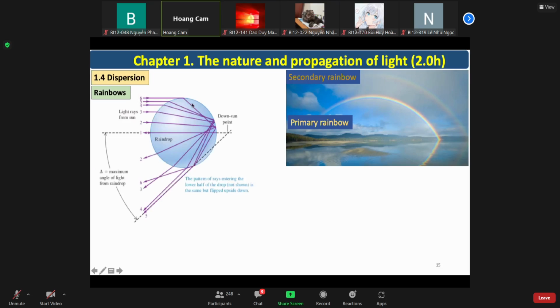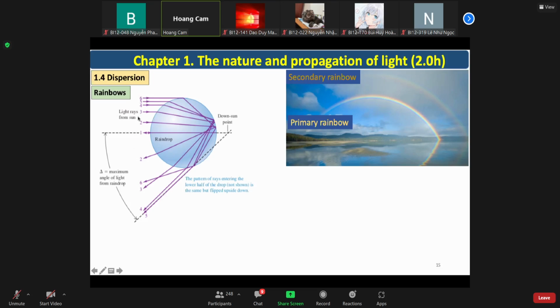So here's a figure to illustrate how the light rays from the sun will propagate when they meet the raindrop. Imagine you are standing here observing that, and the sun is behind you.